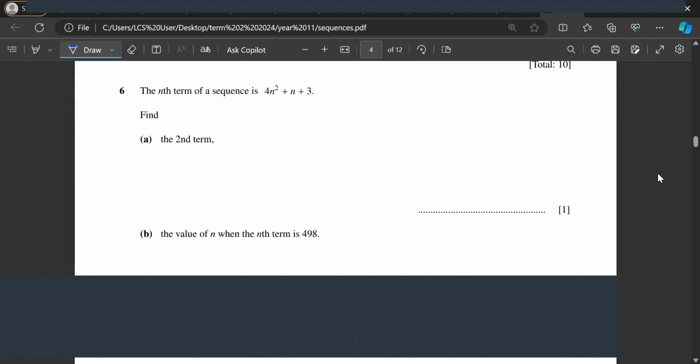For example, here in number 6 first, can you tell me what is the difference between question A and question B? Students, you're opening only the Zoom and sleeping or what? What is the difference between A and B?